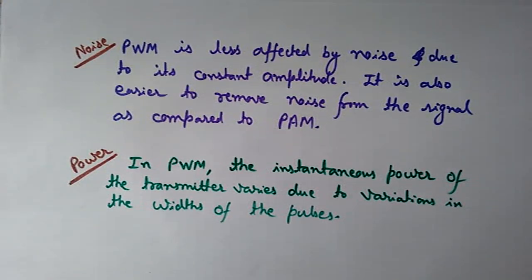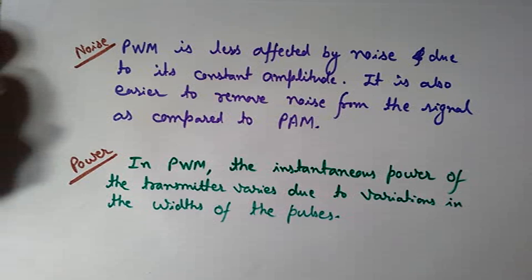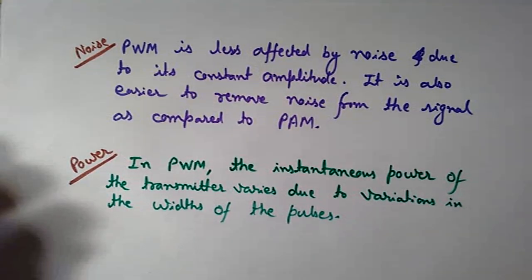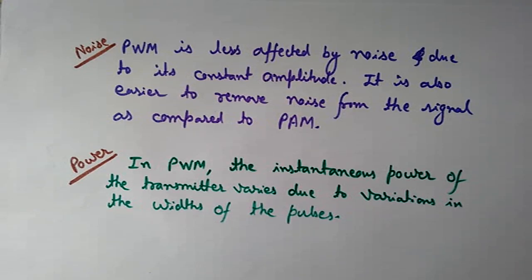Okay, so in PWM the power varies, and I also told you that it is necessary that the transmitter must be able to handle the power content of the pulse that has maximum pulse width. So keep it in mind.